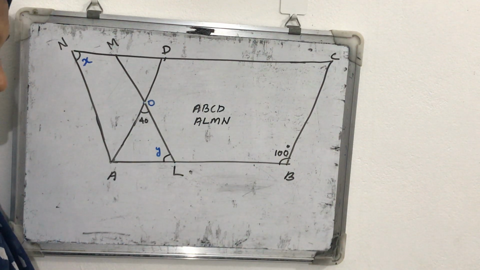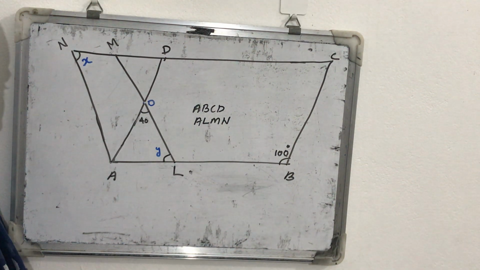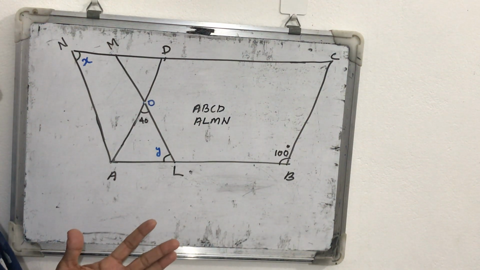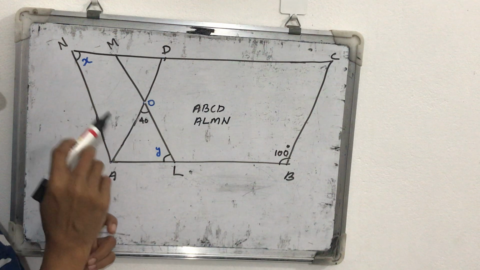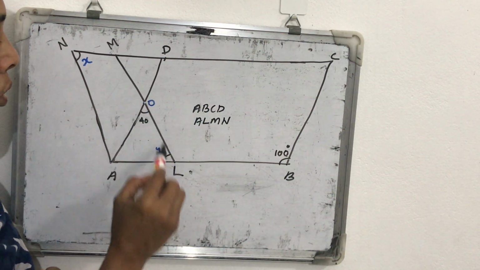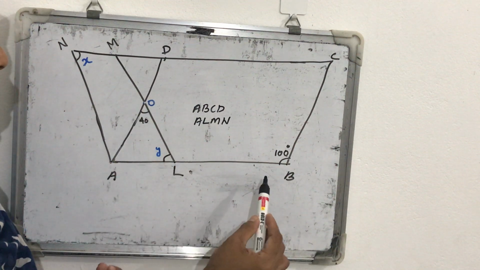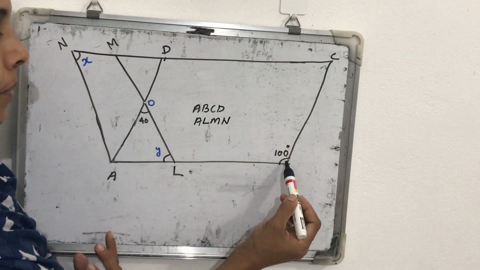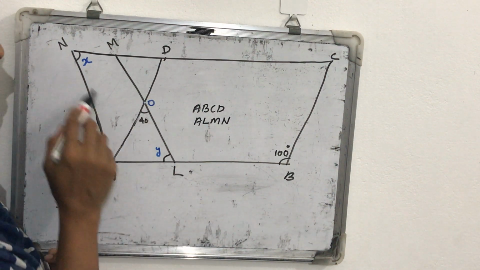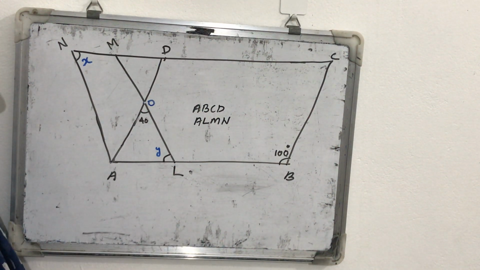Opposite sides will be equal, opposite angles will be equal. Anyway, those properties we already have. And also in this figure it is given this angle AOL is 40 degree and angle B is given 100 degree. Then what will be the angles x and y? That we want to find out.